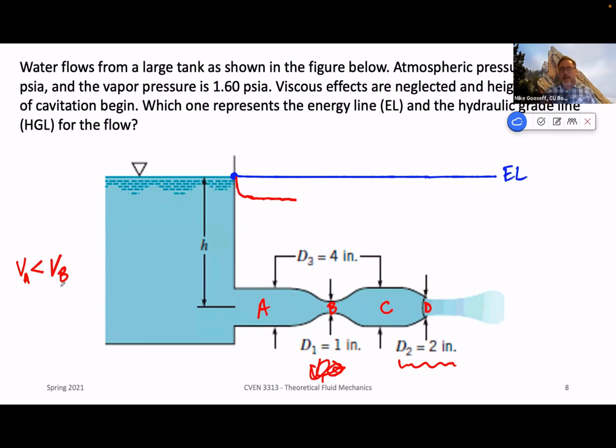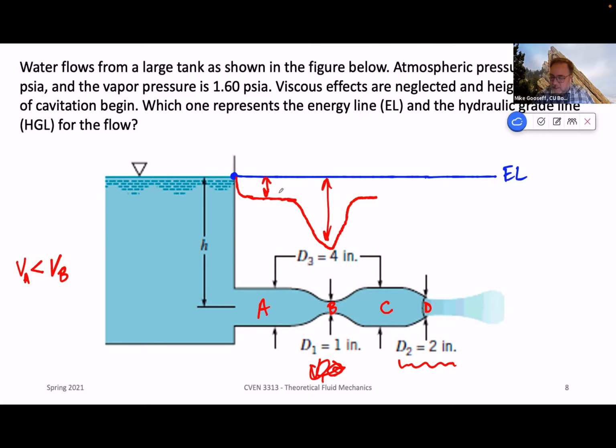which means that the velocity head in B will be greater than the velocity head in A. So what happens here is as we start to increase the velocity head and the velocity in the system, we're going to dip down and then we're going to come back up on the other side. So this is how the velocity head is changing.